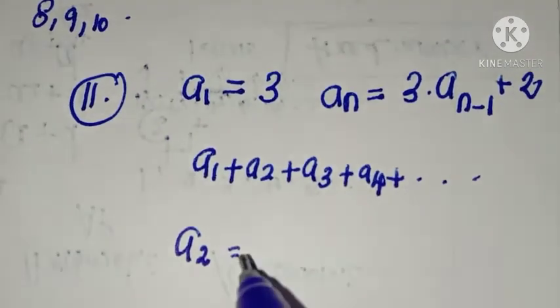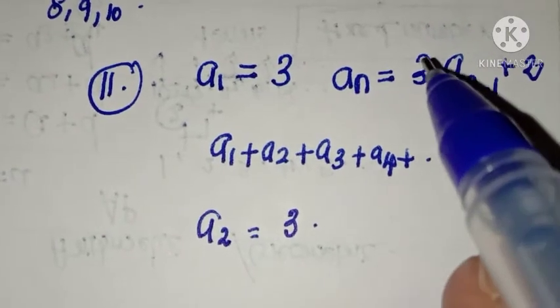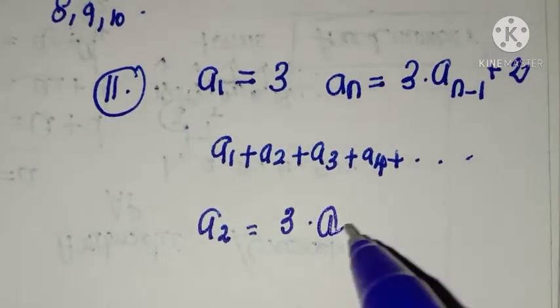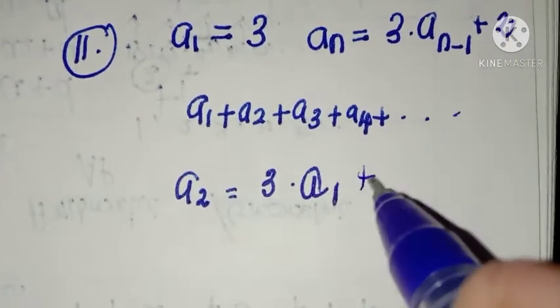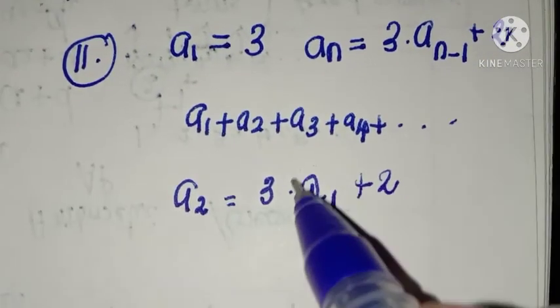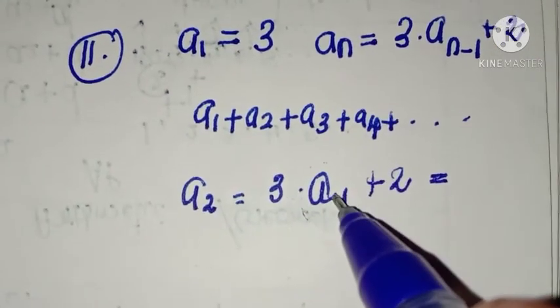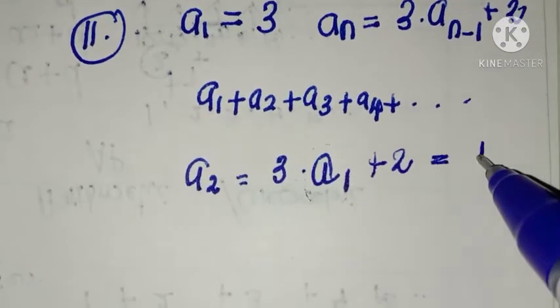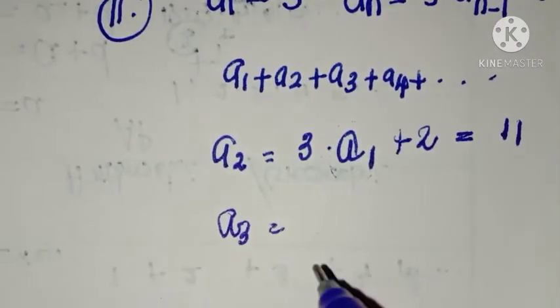Okay. So in this expression put n equal to 2. So this becomes 3 into A2 minus 1. 2 minus 1 is 1, plus 2. Now what is A1? A1 is 3. So this is equal to 3 into 3, 9. 9 plus 2, 11. Okay. Now find A3.